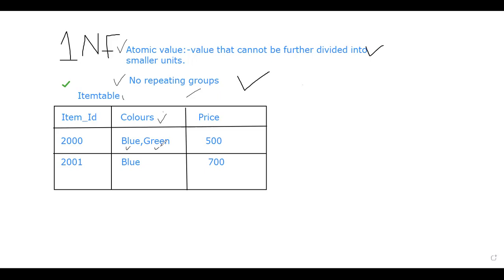Now let us see how to convert this table to first normal form. I will be showing you two methods of converting this table to first normal form. So first of all, let me show you method number one.